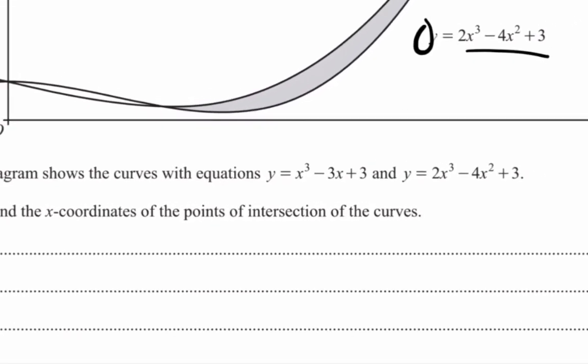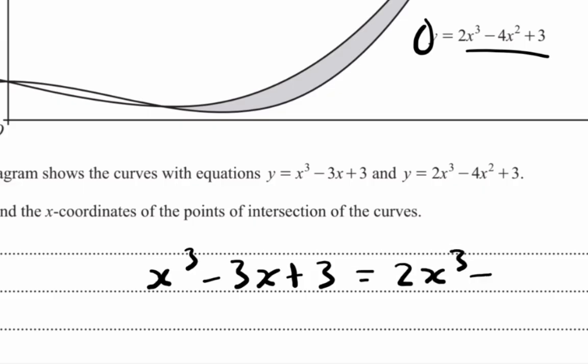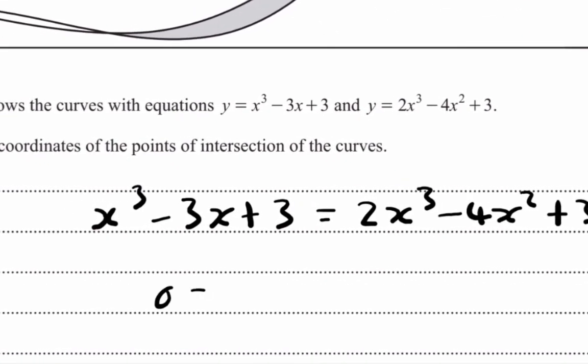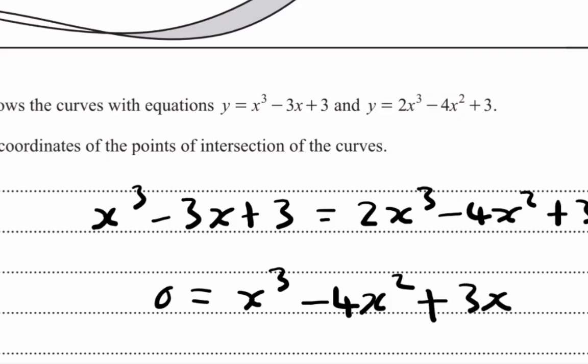So to do that, we say x to the power 3 minus 3x plus 3 should be x to the power 3 minus 4x squared plus 3, like that. Taking everything to the right hand side, you can say 0 is equal to 2x to the power 3 minus that, we get x to the power 3, then minus 4x squared, plus 3x, then that will be 3 minus 3, that will give us 0.